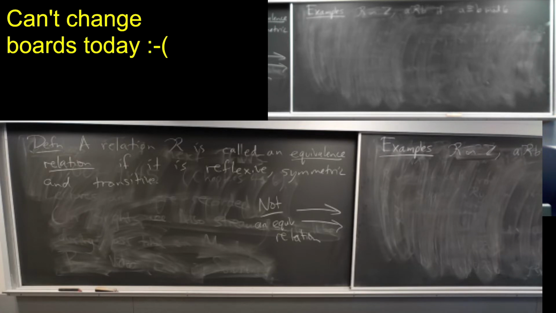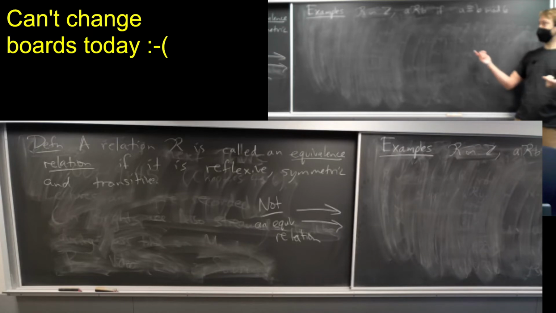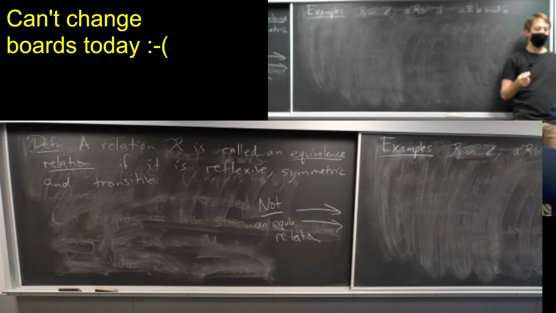So if you think about the 3 properties, reflexive, symmetric, transitive, well, we have to remember what this means, right? a congruent to b mod 6 means that a and b have the same remainder when you divide by 6. So if I talk about reflexive, I look at a number a, and I say, is it true that a has the same remainder as itself?